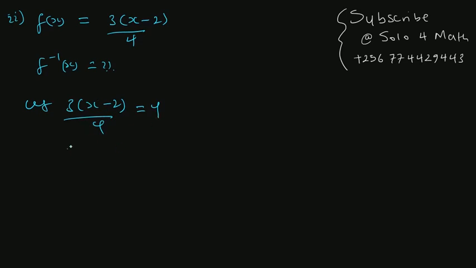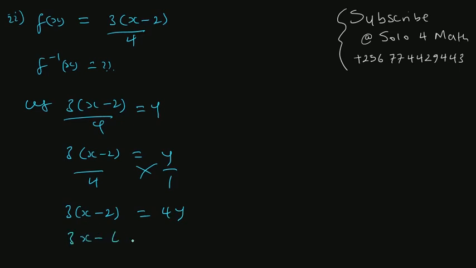So I'll multiply by 4 on both sides, or we could cross multiply. When you cross multiply, it gives you 3 times (x minus 2) equals 4y. When we open brackets here, we shall have 3x minus 6 equals 4y.